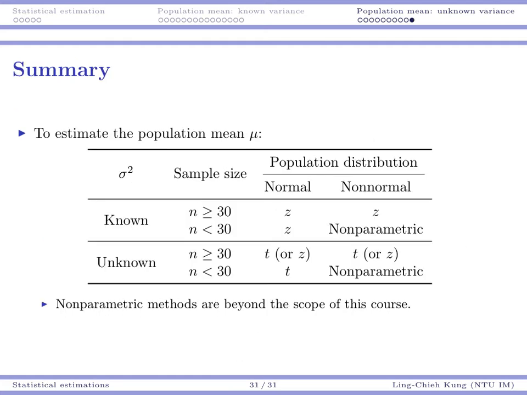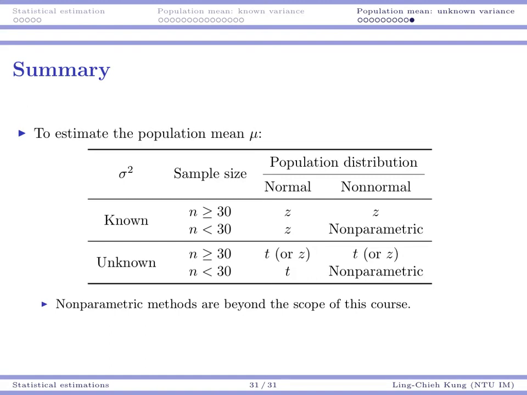So as a summary to all the materials for today's lecture, we need to separate three factors. Whether you know the population variance, whether your sample size is large or small, and whether your population distribution is normal or not. When you have a known population variance, then as long as the population is normal or your sample size is large enough, you can use the Z distribution or the standard normal distribution.